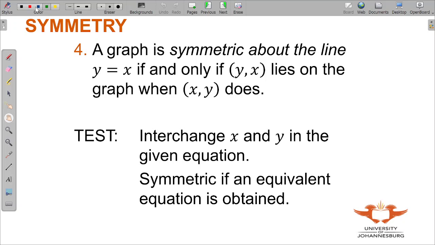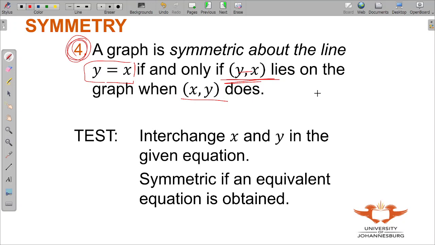We also have another symmetry: symmetry about the line y equals x. This symmetry occurs if and only if (y, x) lies on the graph when (x, y) does. What we are doing here is just interchanging x and y.